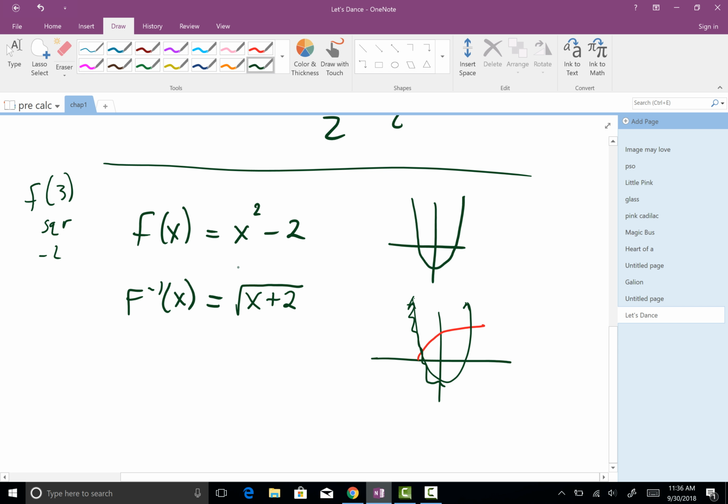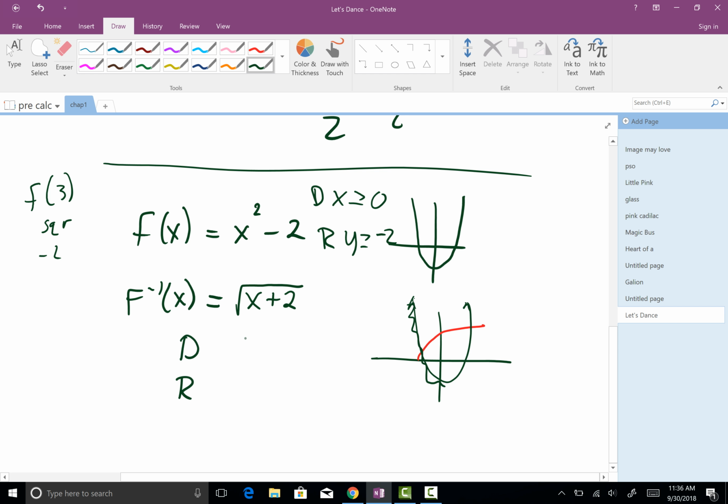So what do we have to do? Well, when we find the inverse here, we have to say that we're going to restrict the domain so that x values are greater than or equal to 0, right? And the range values here are greater than or equal to -2, all right? So now my domain and my range are going to switch, right?